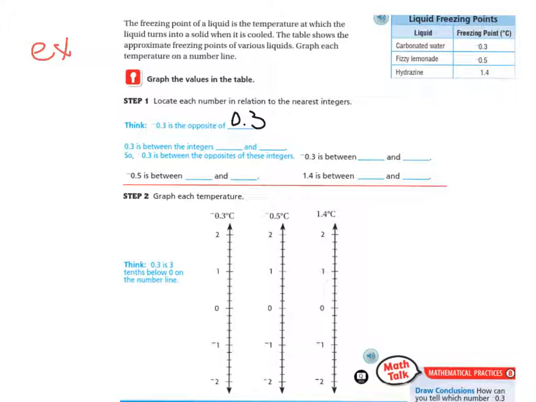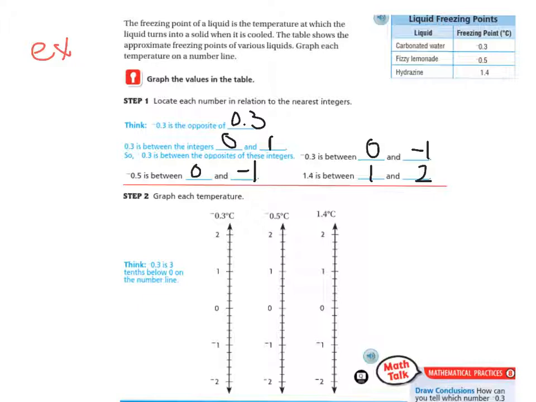And 0.3 is between the integers 0 and 1. That's where it falls on the number line. So negative 0.3 is between the opposite of these integers, 0 and negative 1. Negative 0.5 is between 0 and negative 1. And 1.4 is between positive 1 and positive 2.